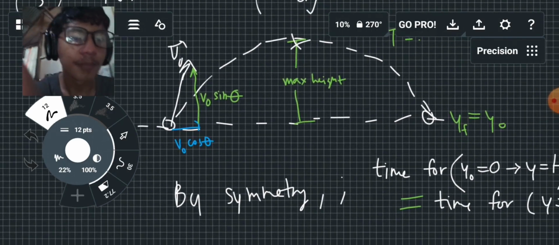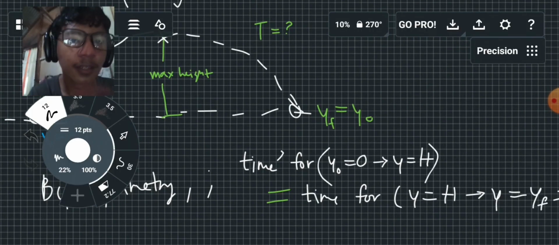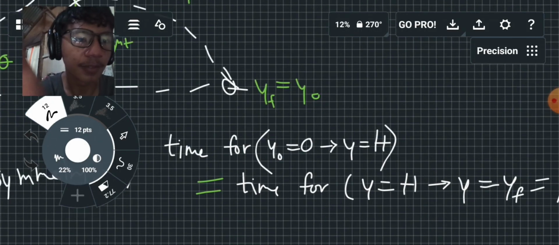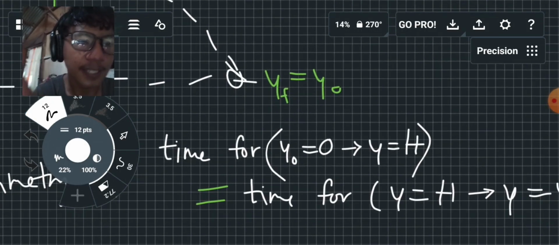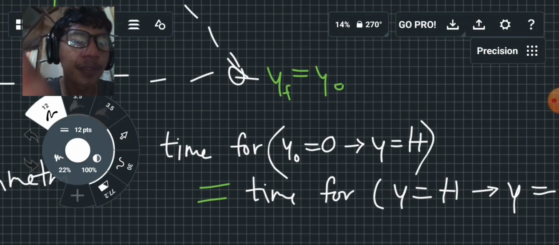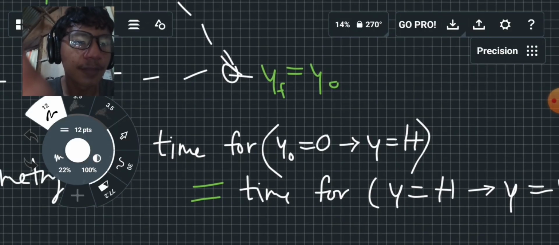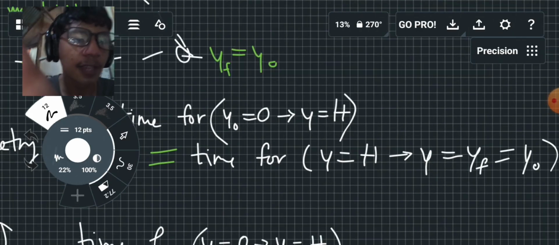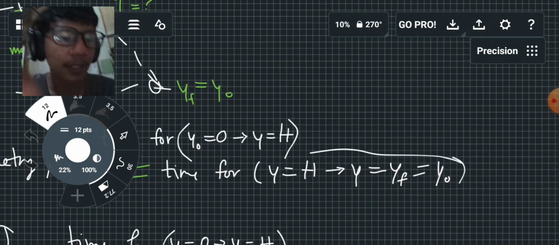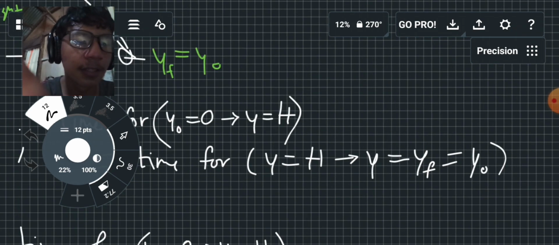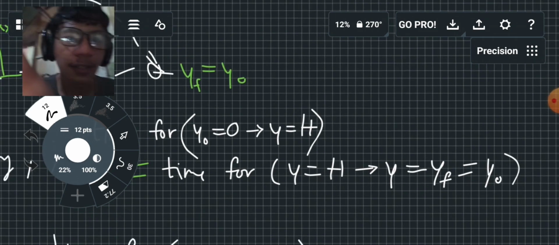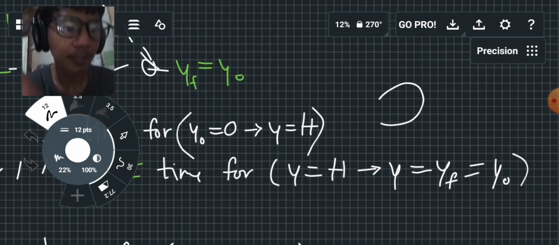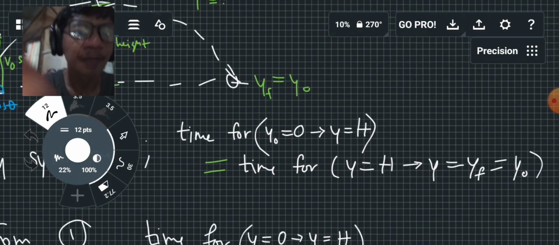So by symmetry, putting it into an equation, the time for this condition equals the time for this condition, which is just like rotating the same thing.